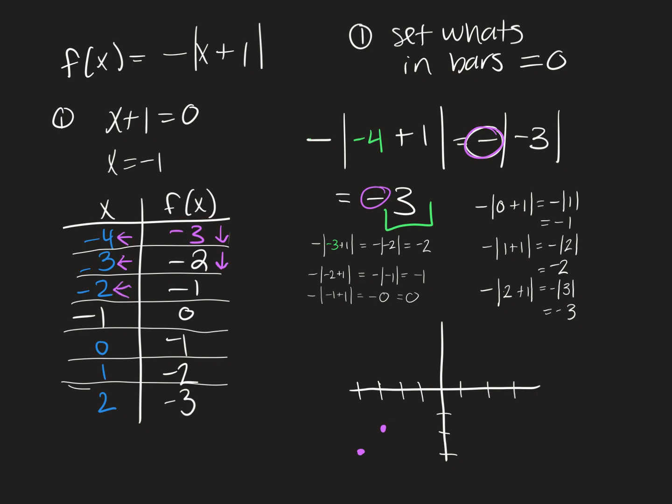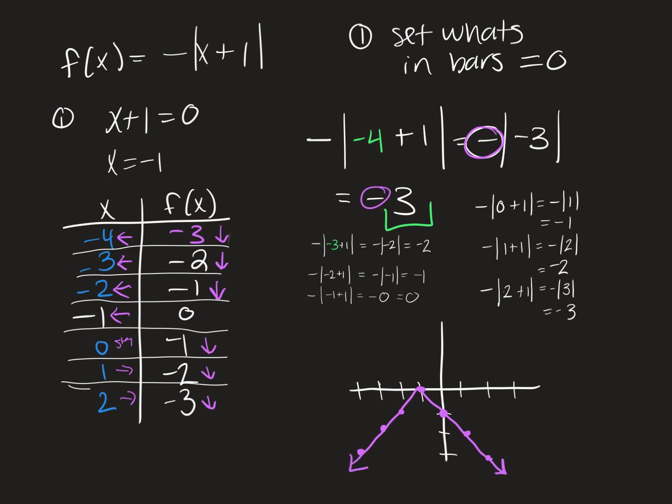Then left 2, down 1. And then left 1, 0. And then at 0, I'm down 1. 1 down 2, 2 down 3. So left, stay, right, right. Down, down, down. Okay, so notice I have an upside down V.